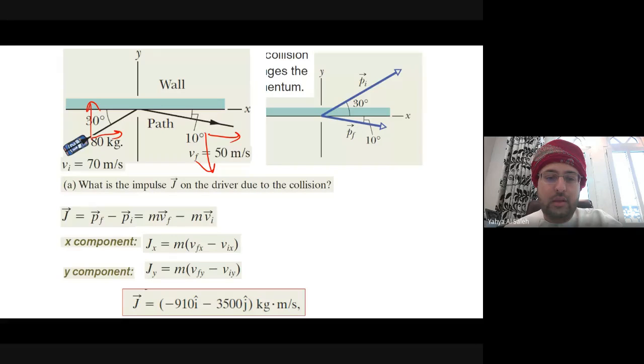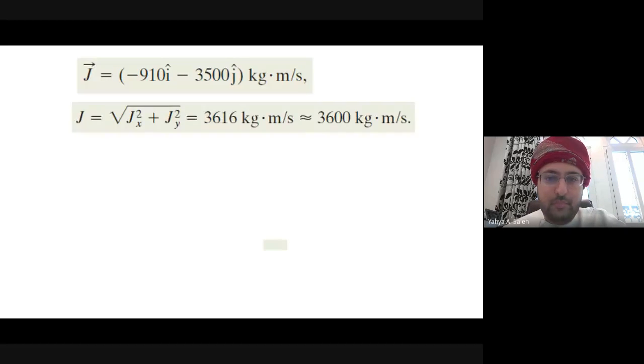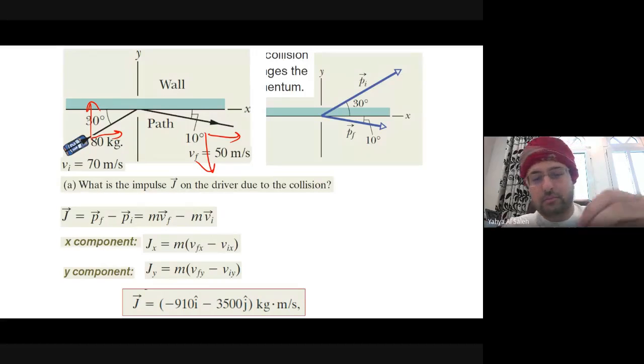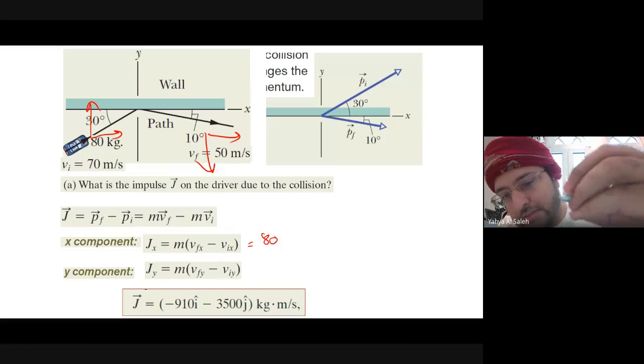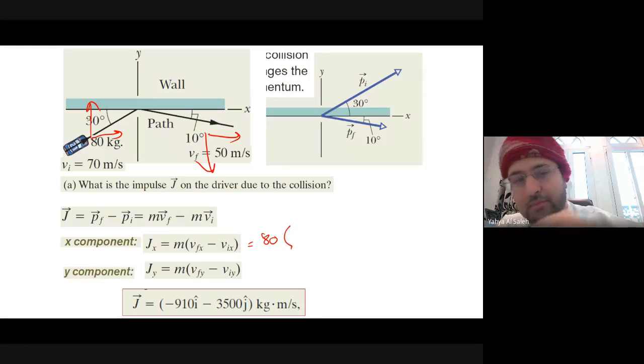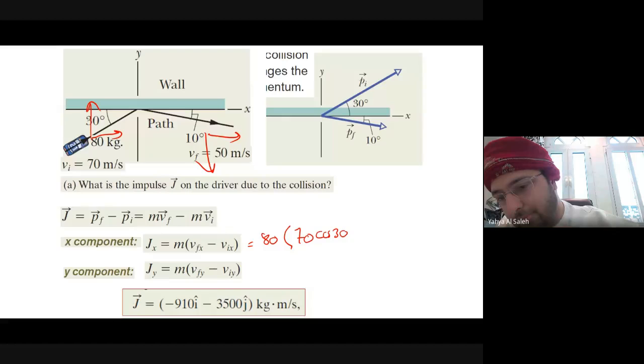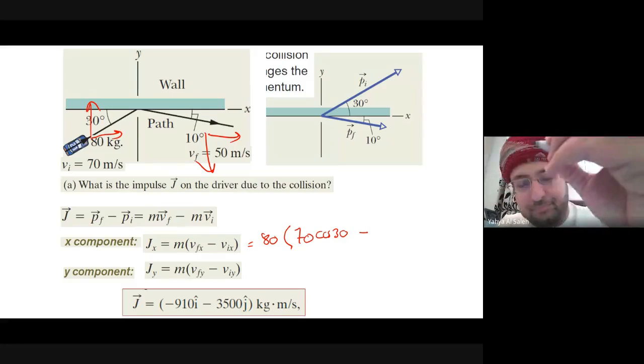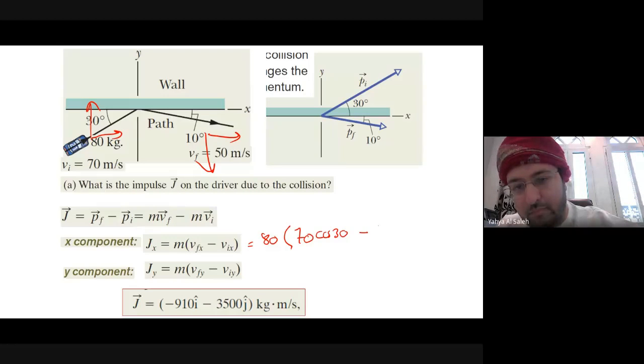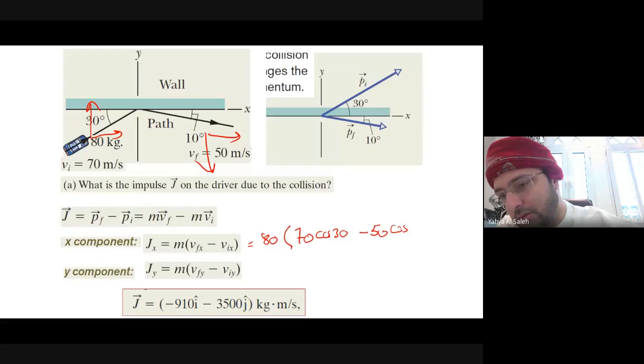Now, what we will end up with is 80 times my Vfx would be 70 cosine 30 minus 50 cosine 10.